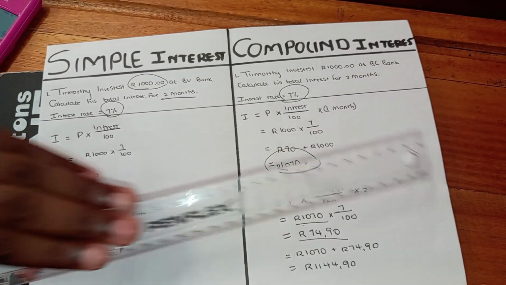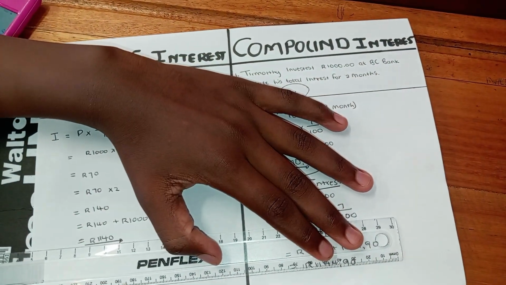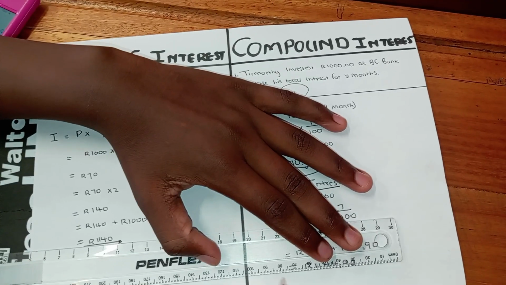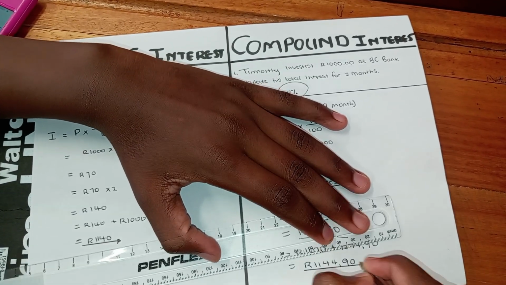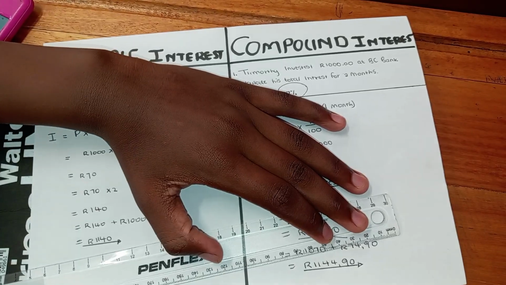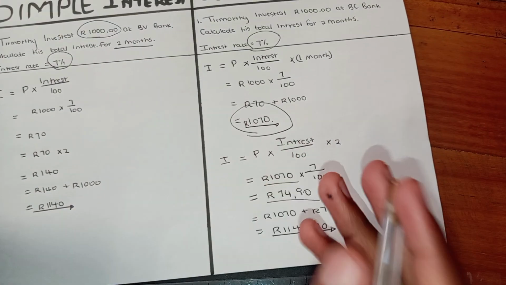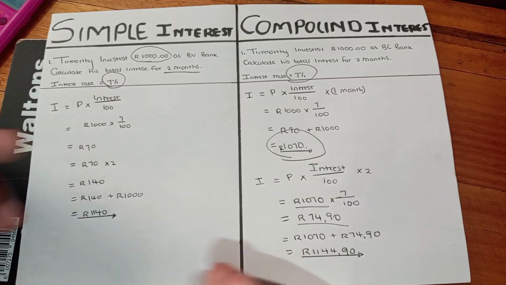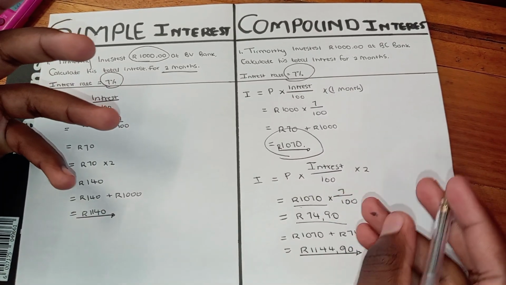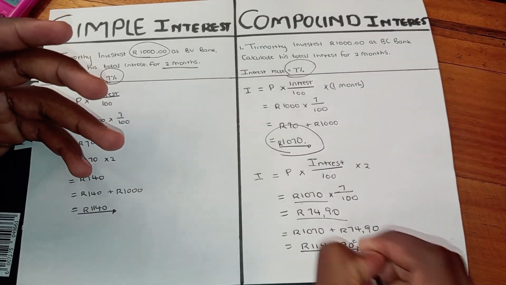So this is the difference between simple and compound interest. Since we are using money here, we can't just write 1,144.9. We have to indicate that it is 90 cents.